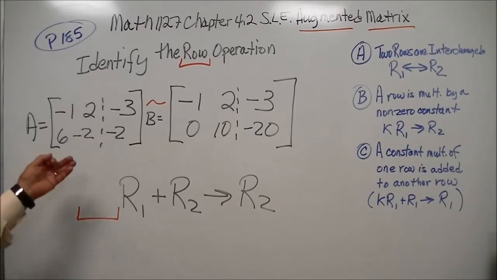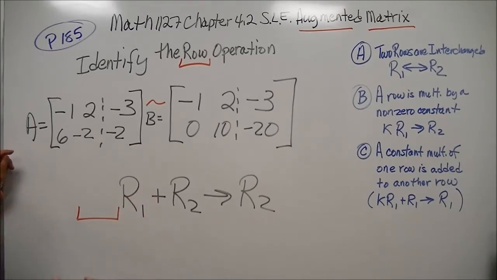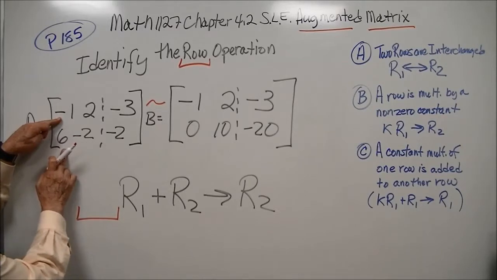Now, they may not give you this right away, so you're brainstorming. This is a puzzle, and you're checking it out. And again, I did these just the other night, so I have a little fresh memory of my thought process. So here we have a -1, and then here we have a 6.